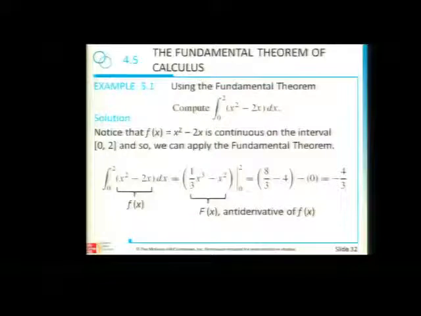So how do we do that? Use the fundamental theorem. In that case, we don't use the area under the curve. I explained this to you because this is the fundamental definition of the definite integral. And the second reason is that hopefully today, towards the end of the lecture, I can cover numerical integration, which is based on the definition of the definite integral, based on the area under the curve.